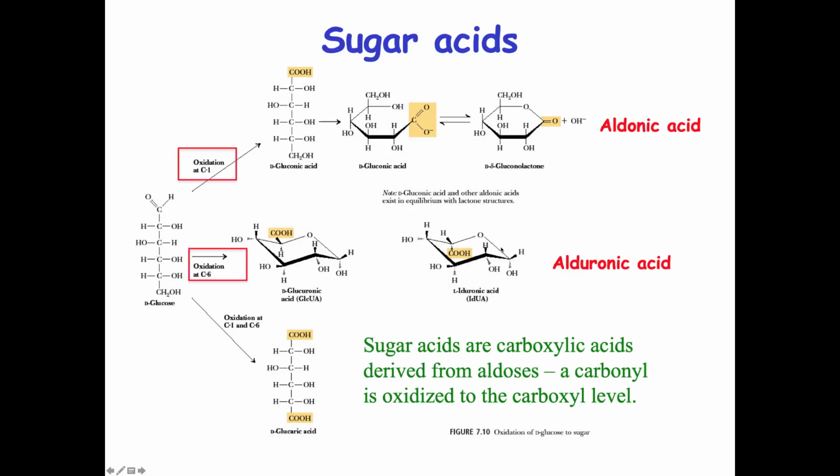Glucuronic acid is a common building block of proteoglycans and glycerophospholipids, and makes up the extracellular matrix of many tissues. And interestingly, this alduronic acid, glucuronic acid, was originally isolated from urine.